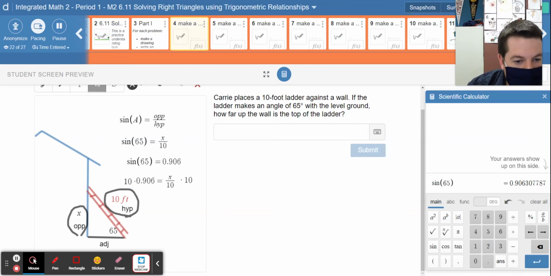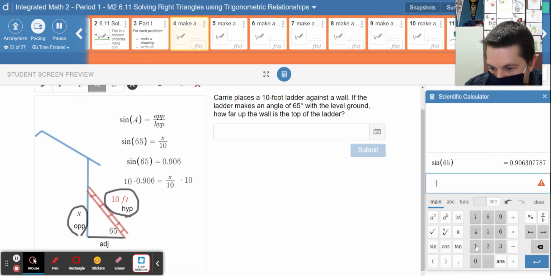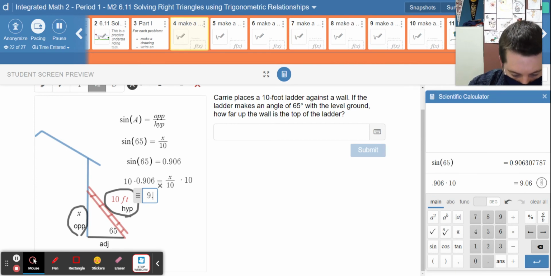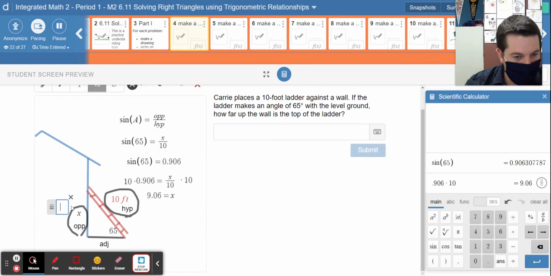If I do that, I would get 10 times this number, which would be, let's type it in here. 0.906 times 10, which would give me 9.06. So that means 9.06 is equal to x. And that means the height up the wall is 9.06 feet.